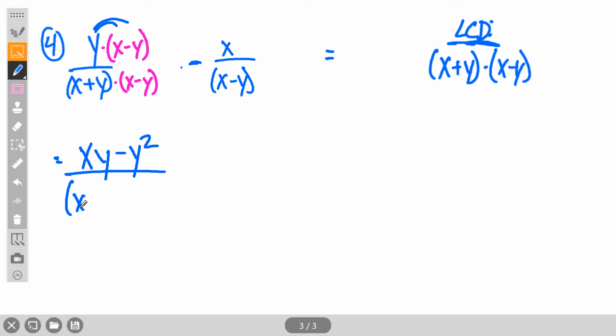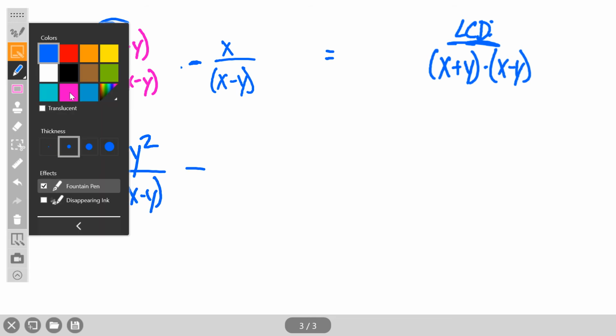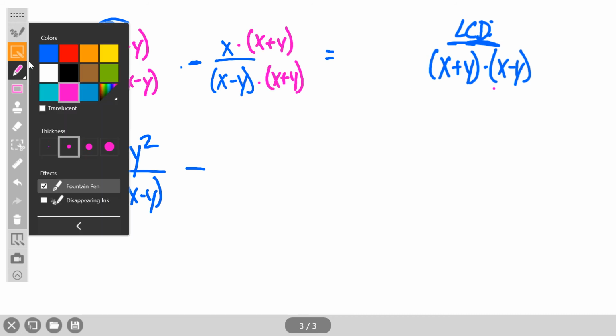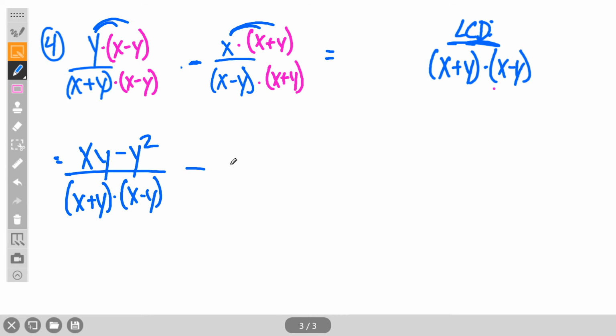However, leave the denominator in factored form. Minus. Now for the second one, it already has the x minus y. What it's missing is the x plus y. So I'll multiply the top and bottom by x plus y. Distribute. So x squared plus xy over x plus y, x minus y.